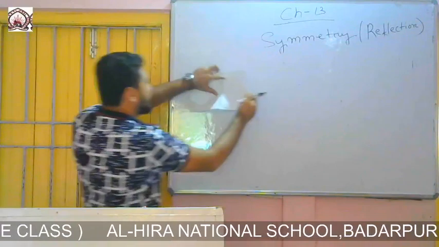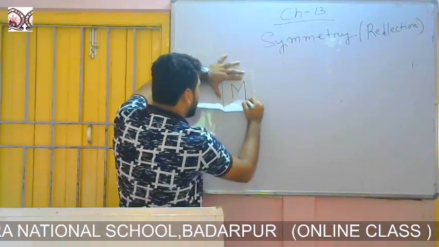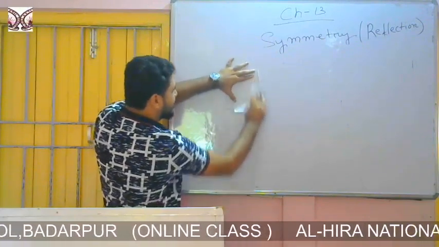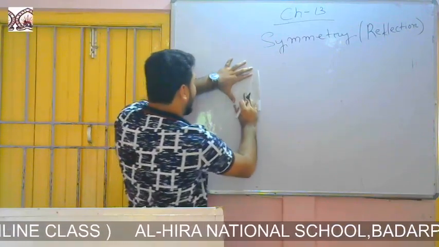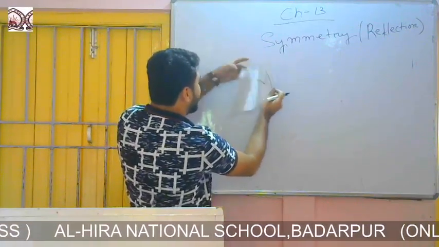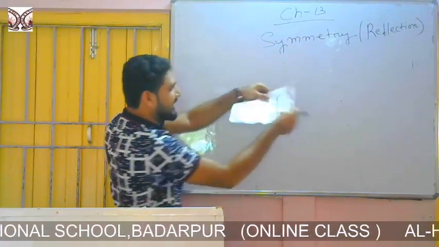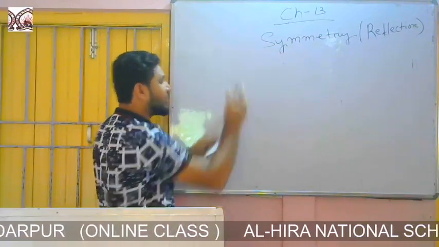If I write m, then after reflection you see the m remains the same. That is the reflection of the m. But if I write P, then we get just the opposite of this one, because in m I can draw a line of symmetry.